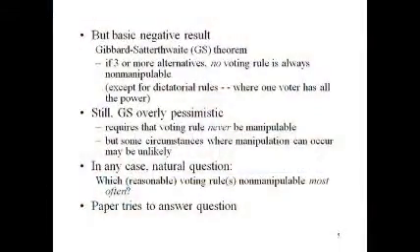Unfortunately, there is a well-known negative result about non-manipulable voting rules. It's called the Gibbard-Satterthwaite theorem because Alan Gibbard and Mark Satterthwaite discovered this more or less simultaneously.